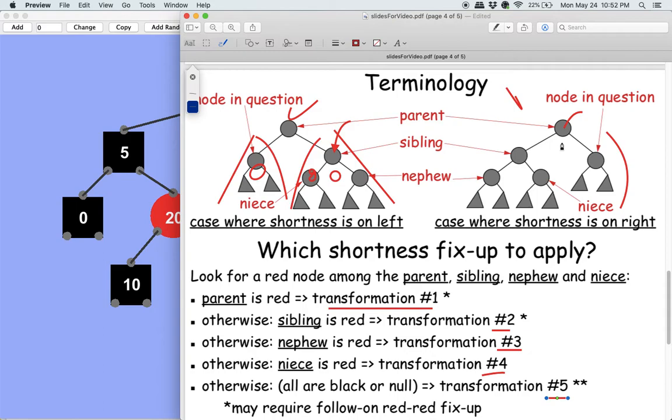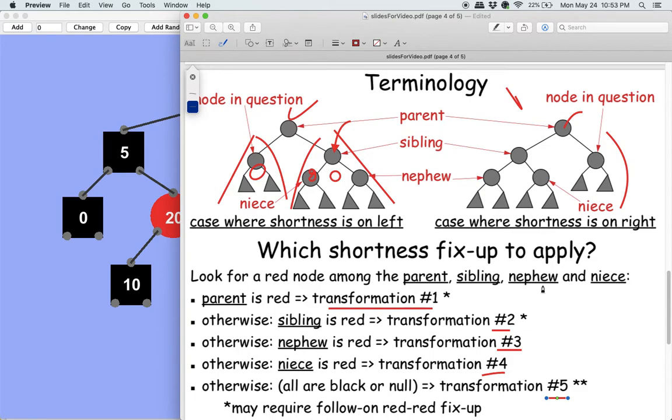When I've seen transformations involving double black and things like that, there have been a number of transformations, and the way to determine what transformation to do looks at a combination of some of these nodes. Here, it's very simple. You look at the parent, then the sibling, then the nephew, then the niece, looking for the first red you see, then you know what transformation to do.